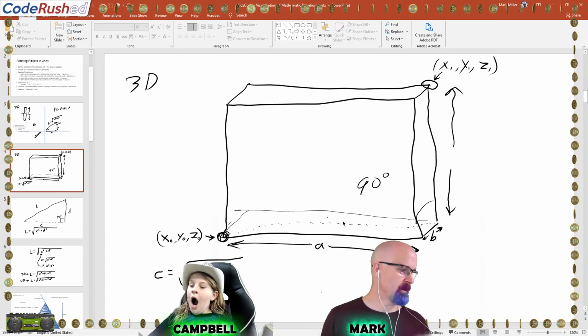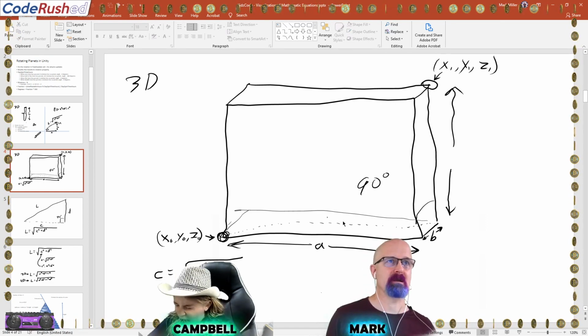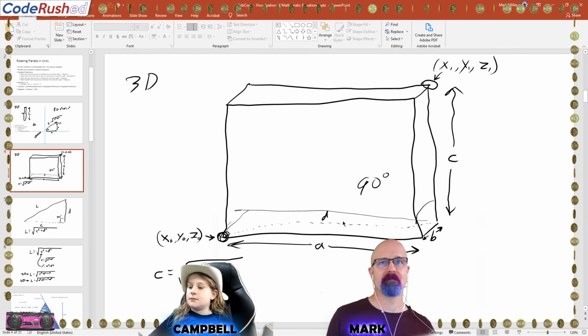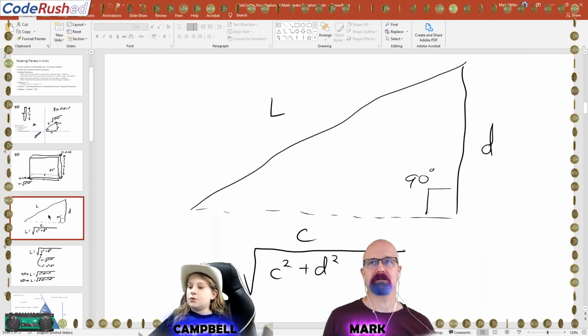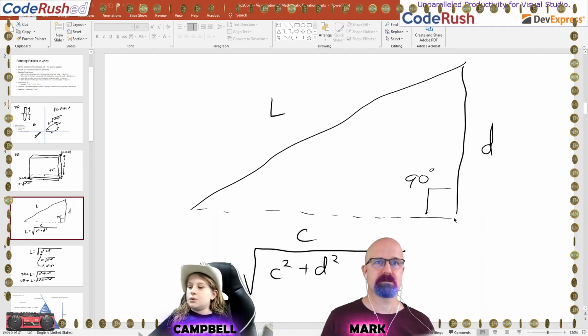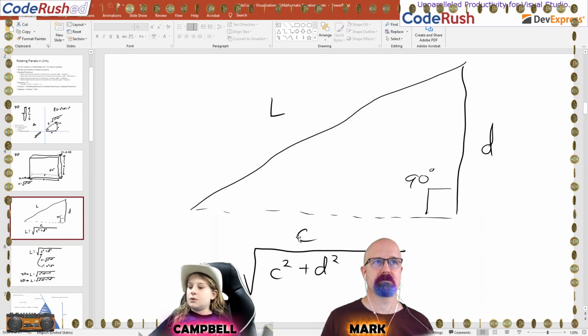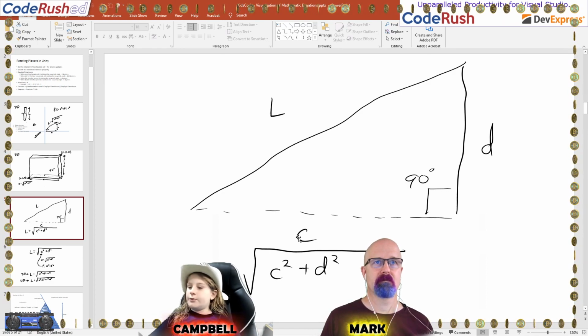All right, I just want to rename these one more time because I really like the A, B, and C here. We'll call this diagonal D, across there. Which means I have to change this up a little bit to make it work. L is equal to... Is there a way to move the C and the D?